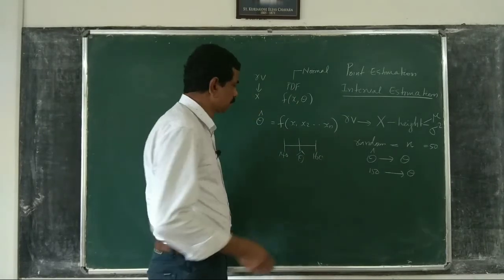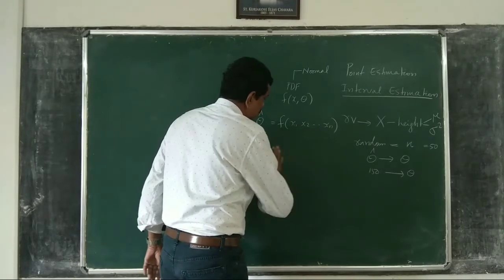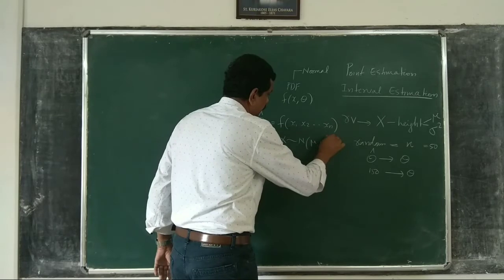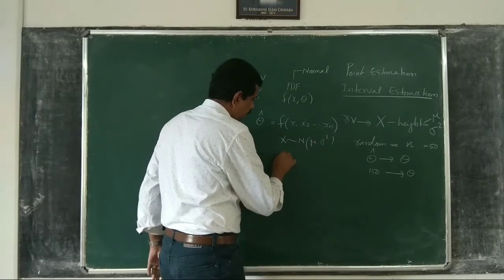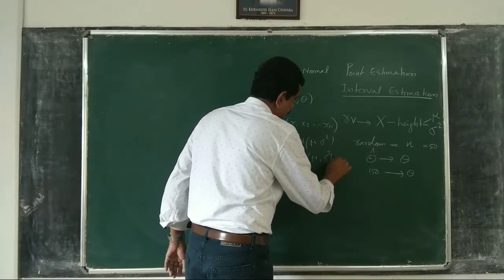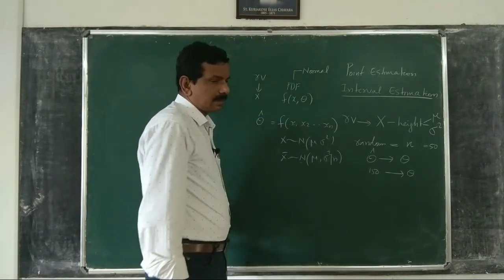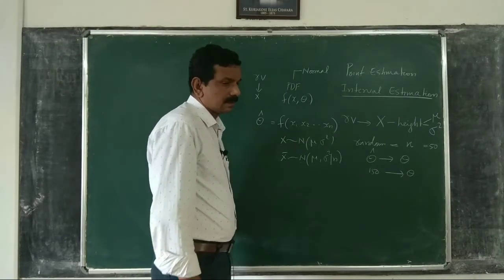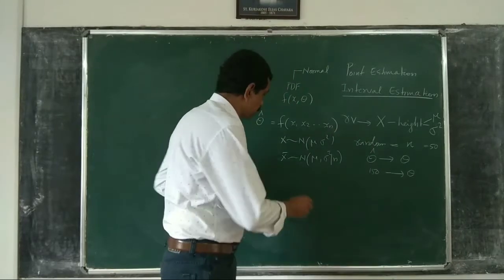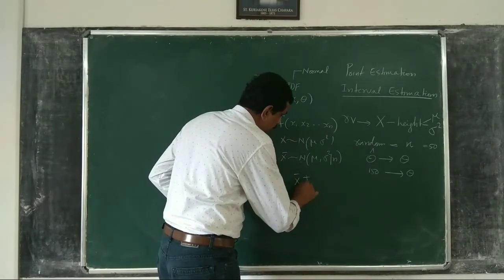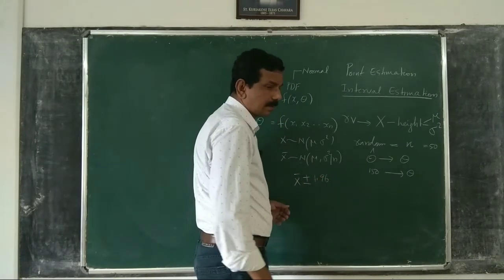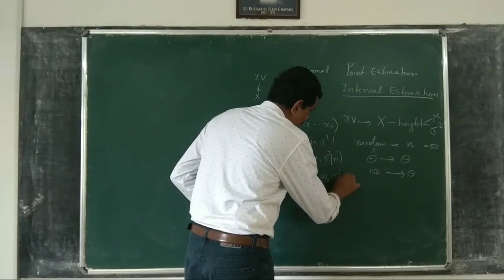As an example, if x is normal with mean mu and variance sigma square, we know that x bar is also normal with mean mu and variance sigma square by n. Then we can suggest an interval such as x bar plus or minus 1.96 sigma by root n.